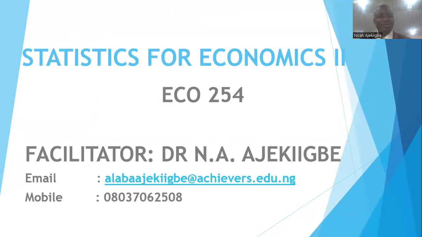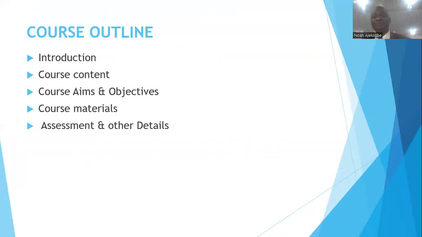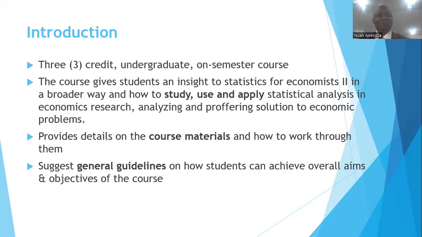And of course, like I said, the title of the course is Statistics for Economics 2, ECHO 254. In the course outline, we have the introduction, the course content, the aim and objectives of the course material, and the assessment and other details. The introduction will introduce the course.